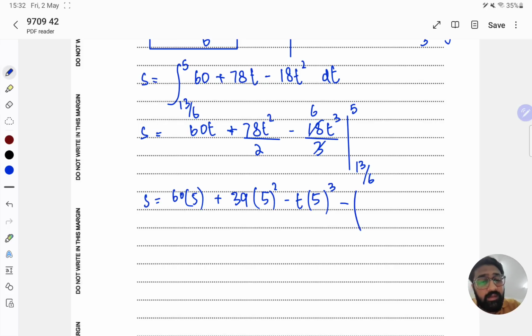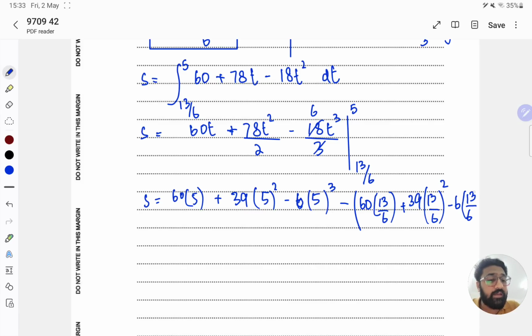This was the upper limit. Minus the lower limit, which will be 60 into 13 by 6 plus 39 into 13 by 6 square minus 6 times 13 by 6 whole power 3.